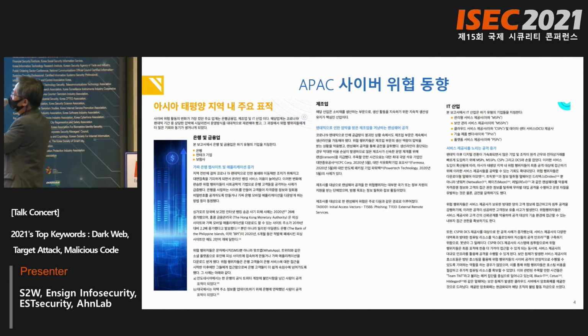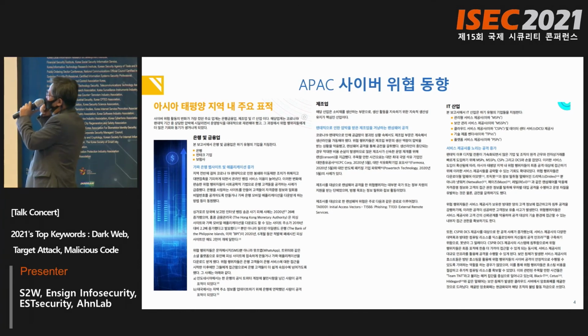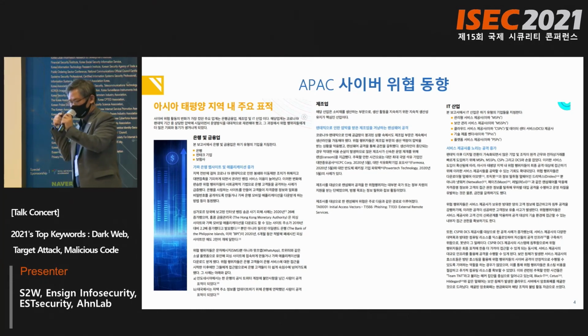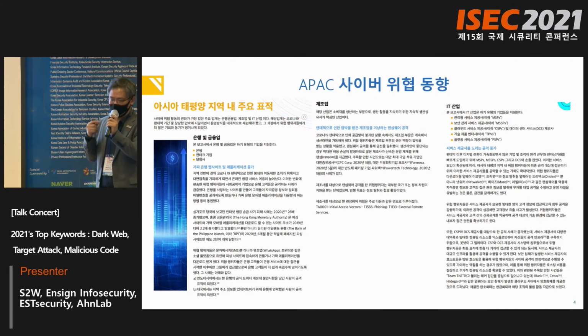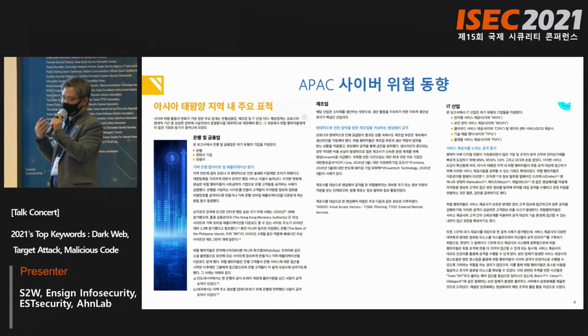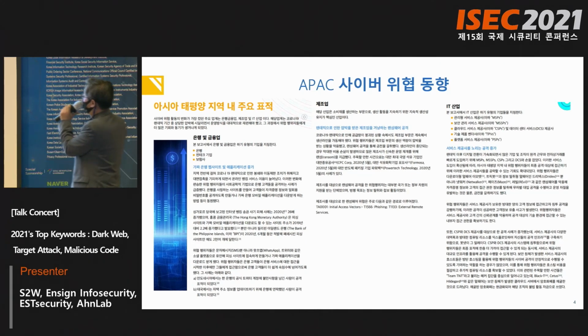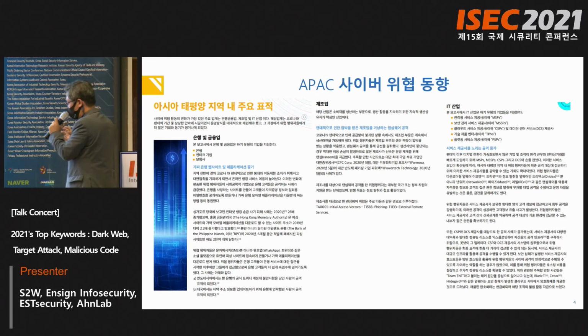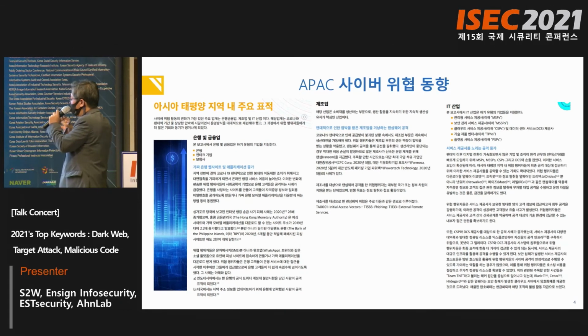In the manufacturing sector in Taiwan, the event was officially publicized. There's a Taiwanese oil company and a chemical company in Taiwan. They suffered supply chain and manufacturing line disruptions, and the threat actors threatened the companies to discontinue the operations.